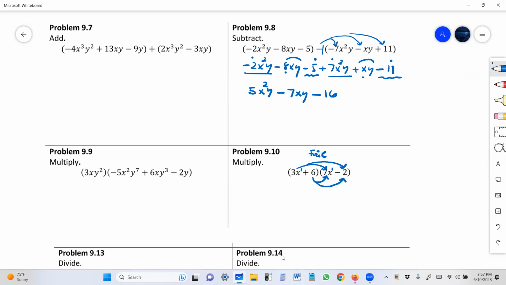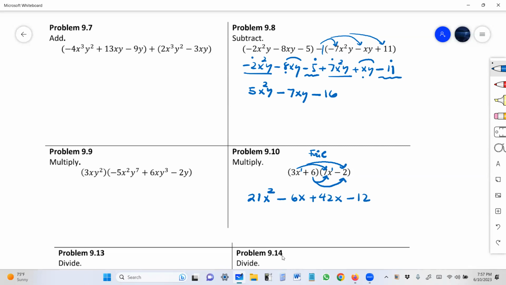So 3x times 7x is 21x squared, right? X times x, we add the two exponents. 1 plus 1 is 2. 3x times minus 2, minus 6x, positive 6 times 7x, and positive 6 times negative 2.